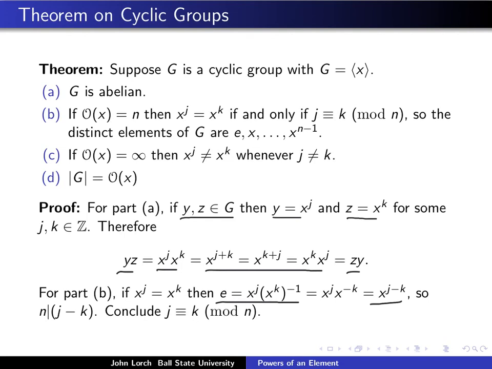So that means x to the j minus k is equal to the identity, and since n is the order of x, we had from a theorem a little while ago that n must divide evenly into j minus k. And that means that j is congruent to k modulo n.